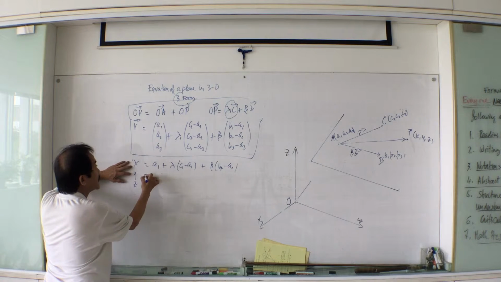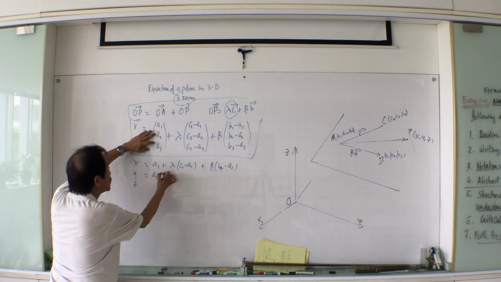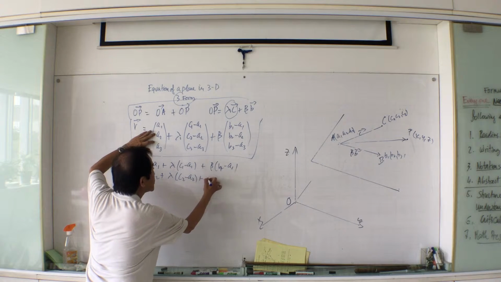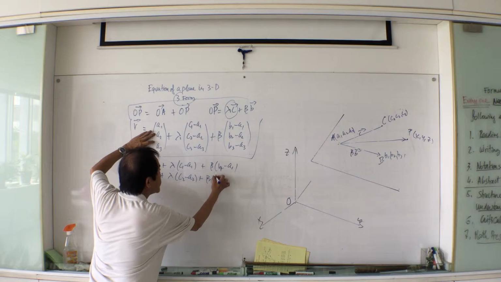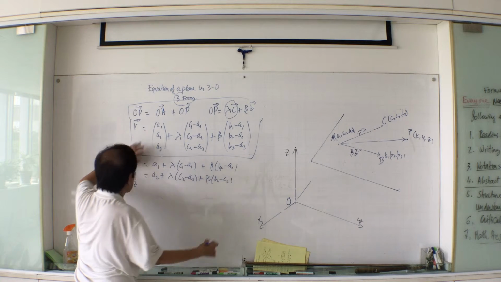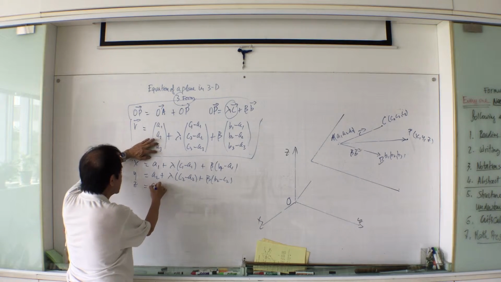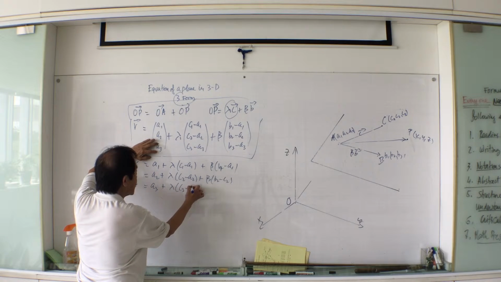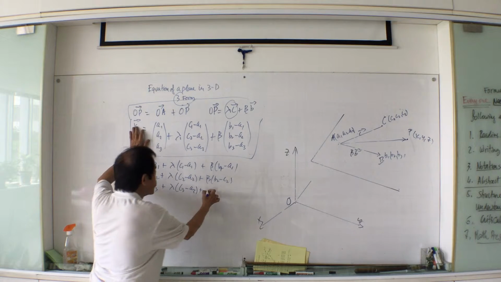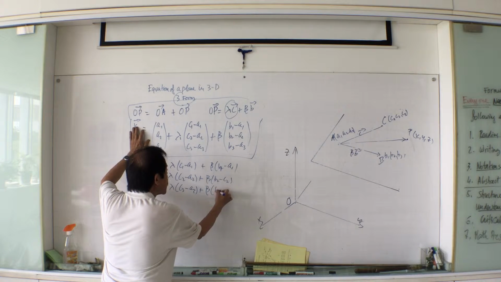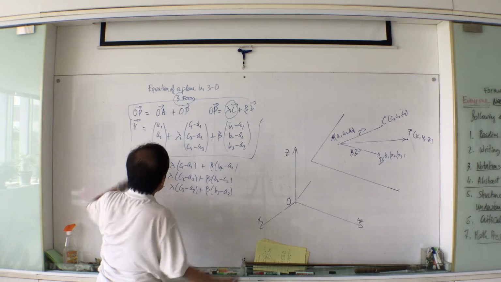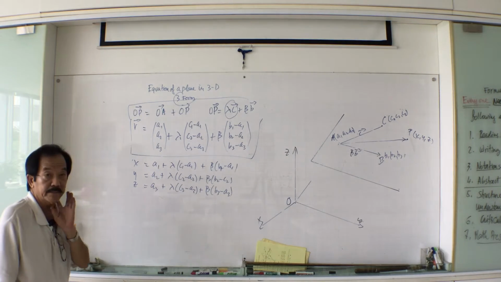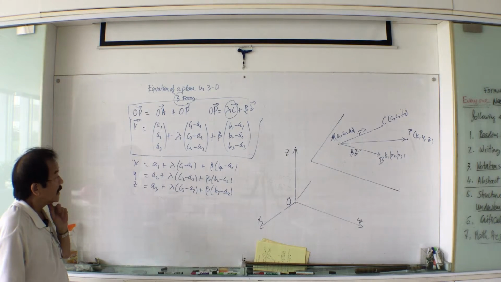Y equals A2 plus lambda times C2 minus A2 plus beta times B2 minus A2. Finally, Z equals A3 plus lambda times C3 minus A3 plus beta times B3 minus A3. So this one we call the parametric form of the plane.